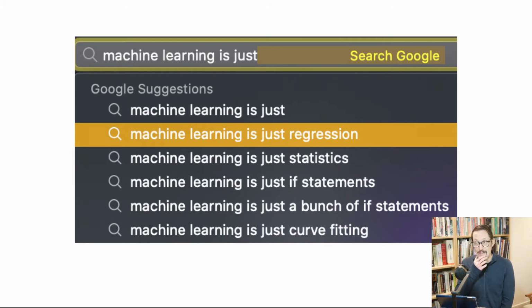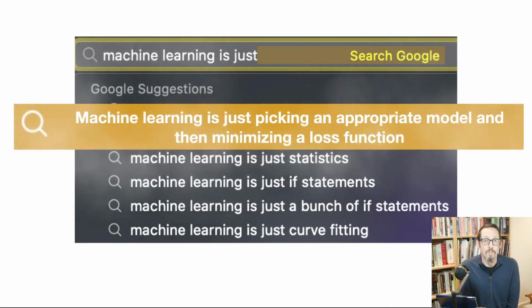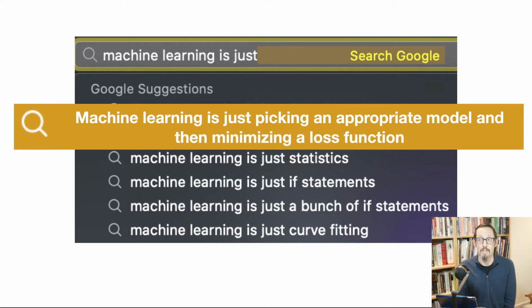I'm going to give you a slightly different view in the end here, okay? So machine learning is just picking an appropriate model and then minimizing a loss function, okay? So the model itself is a combination of all these different things that we've been talking about.